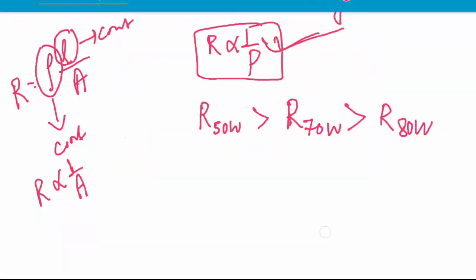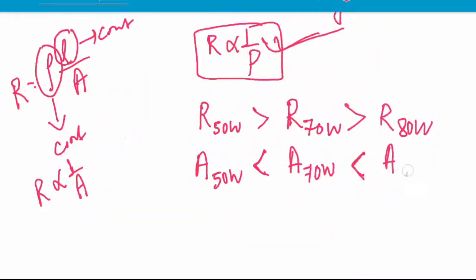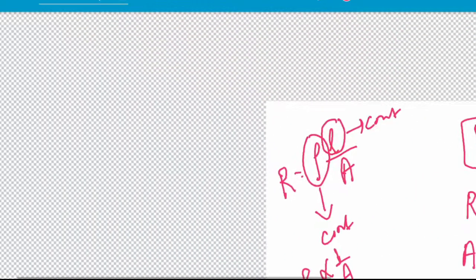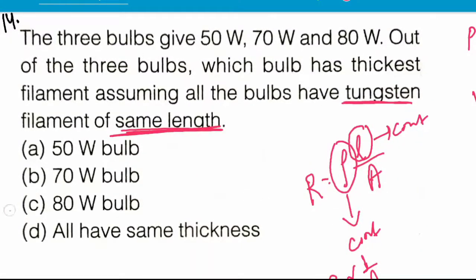So what will happen, the signs will only change, that means the area of the 50 watt bulb will be minimum, the area of the wire of the 70 watt bulb will be medium, and the area of the 80 watt bulb will be maximum. So the answer will be the 80 watt bulb has the thickest wire. Option C.